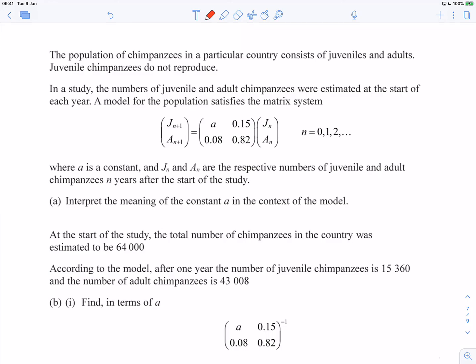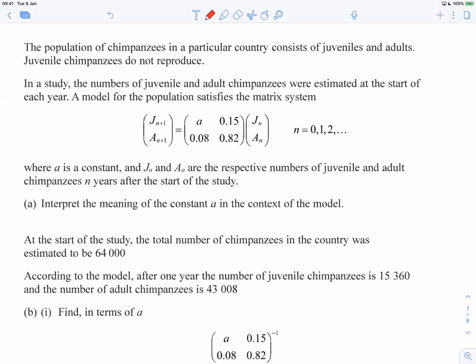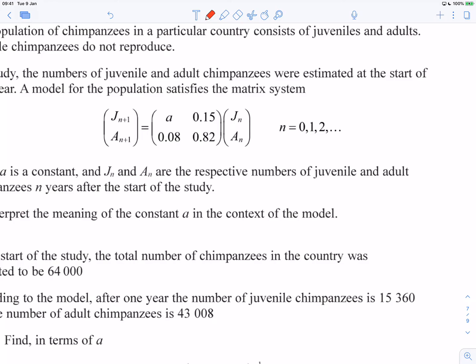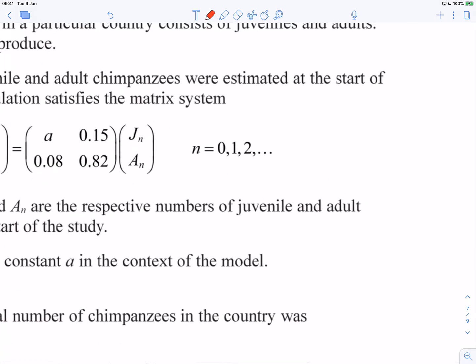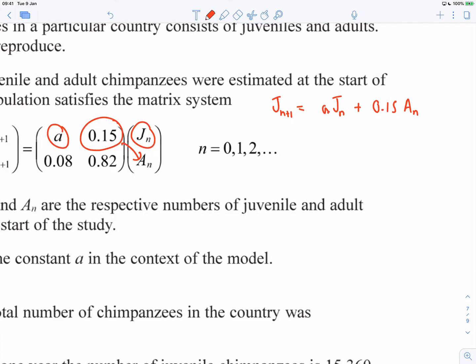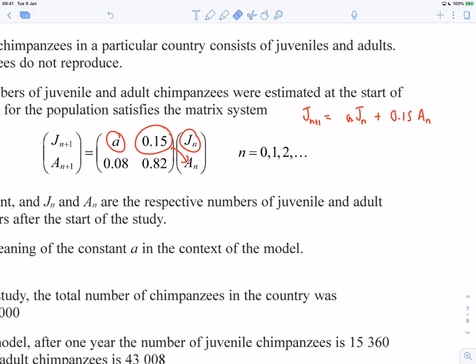Right, okay, so let's expand this out and see what's happening. For the top line, I've got J(n+1) = a Jn + 0.15 An. Interesting.